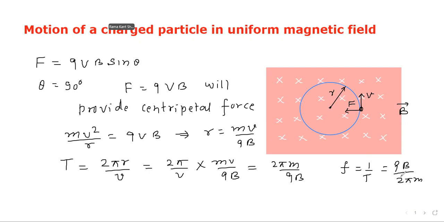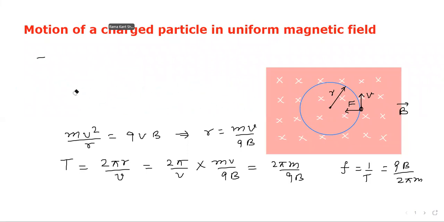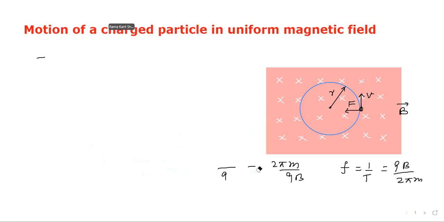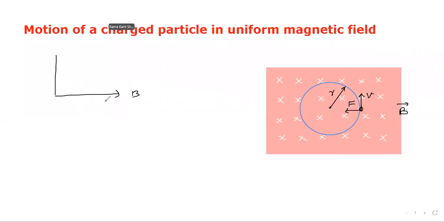Now let's consider the case when theta is acute. In that case, the situation will be a little different. Suppose this is the direction of the magnetic field, and this is the direction of the charged particle.